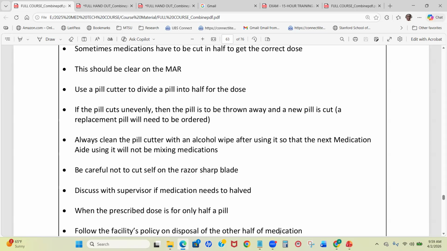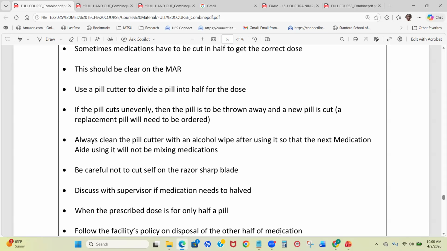It's very important. So if it doesn't cut equally, and most medication that needs to be cut, they have the middle. The pharmacy makes sure that they bring it in a size and have a middle line whereby you can put it by the pill cutter and cut it by the line.